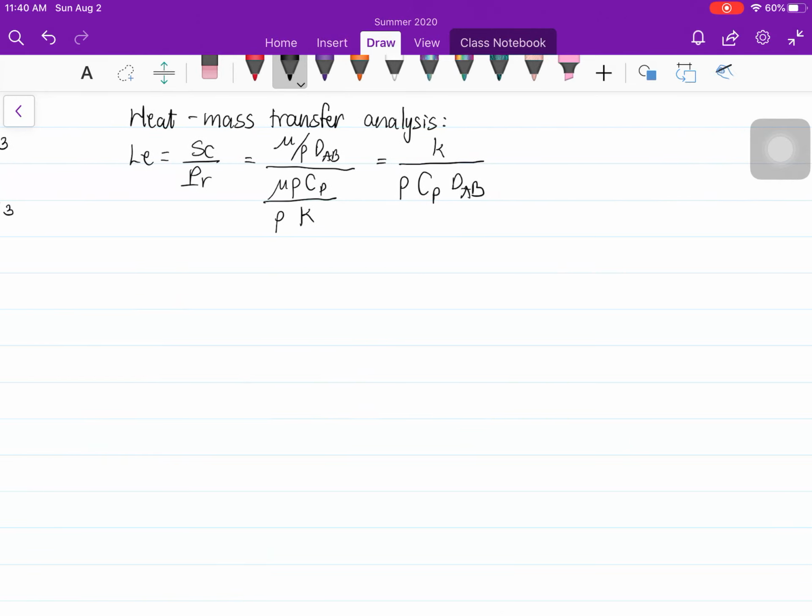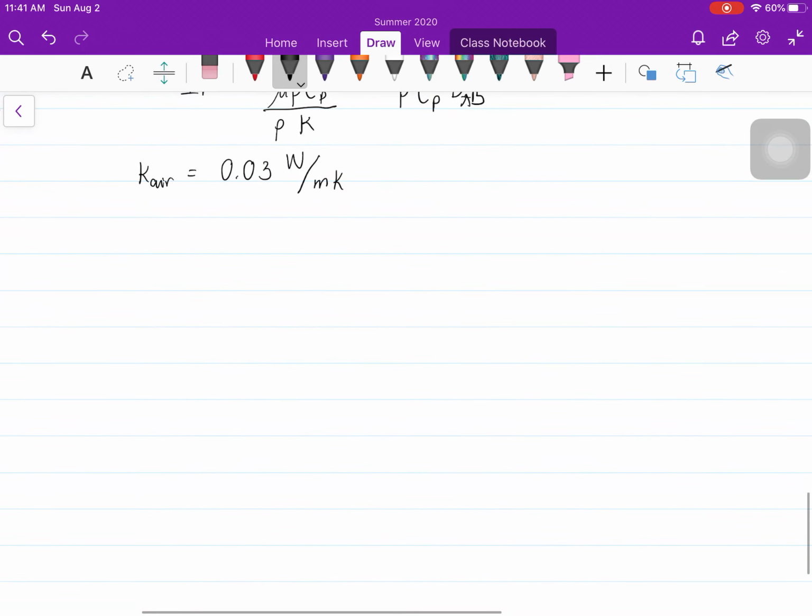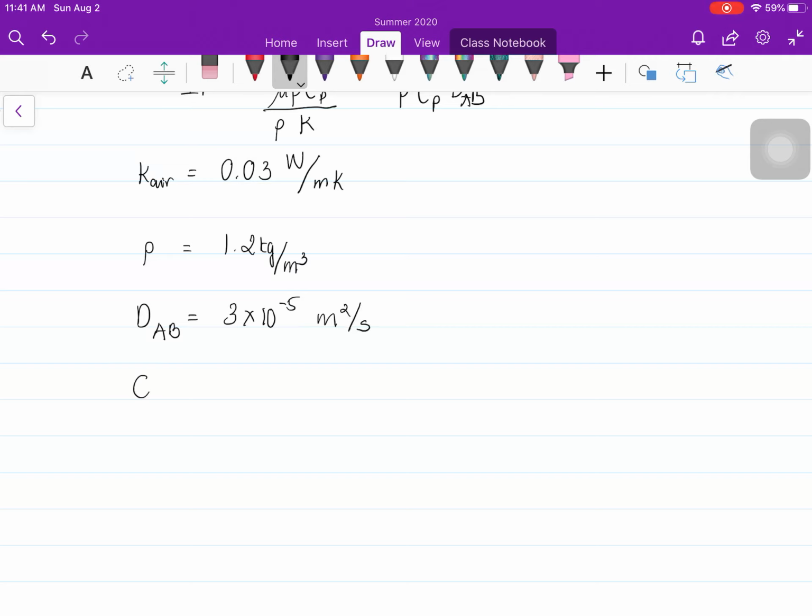So having that, we will have thermal conductivity of air is 0.03 watt per meter Kelvin. Density of air is 0.2 kilograms per meter cubed. Diffusion coefficient of air and water would be 3 times 10 to the negative 5 meters squared per second, and heat capacity is 1,000 joule per kilogram Kelvin.